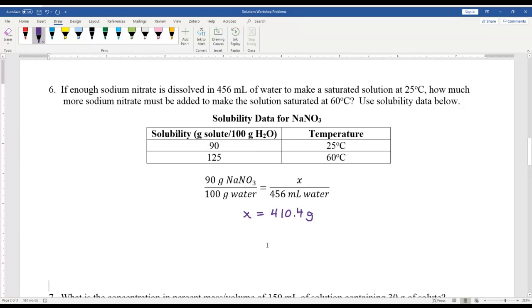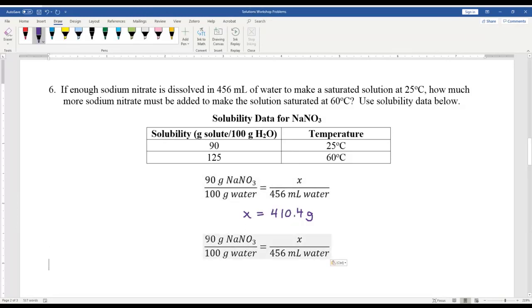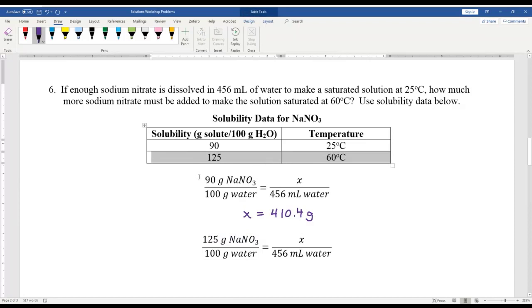So now let's do a similar calculation. However, this time we want to figure out what would be present for a saturated solution at 60 degrees. So I have to change the solubility. Instead of 90 grams per 100 grams of water, it's 125 grams per 100 grams of water, because that is my solubility at 60 degrees Celsius.